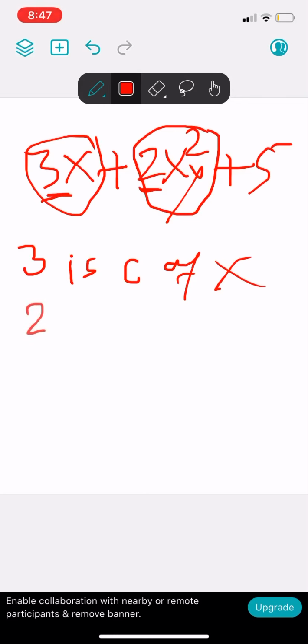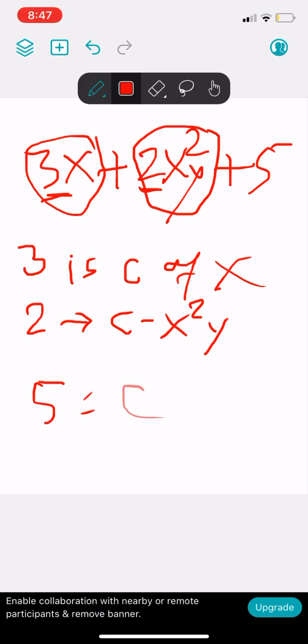And 2 is the coefficient of x squared y. And here 5 is constant because it is not with variable. I mean, it does not have any alphabetical letters. It is standing by itself.